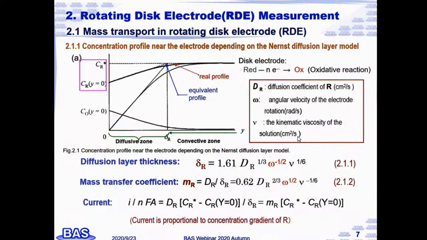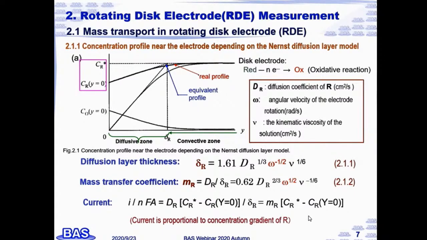The Nernst diffusion layer model is used to analyze mathematical mass transport. The thickness of the diffusion layer can be calculated with equation 2.1.1. The mass transfer coefficient is defined as the diffusion coefficient divided by the diffusion layer thickness, as shown in equation 2.1.2.